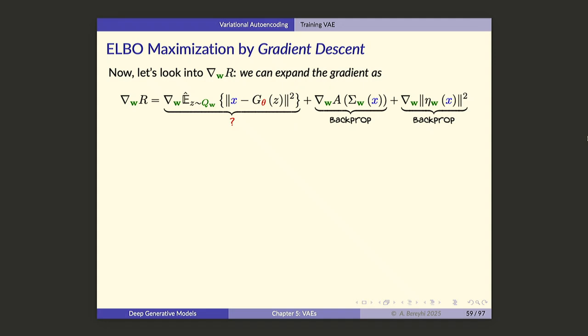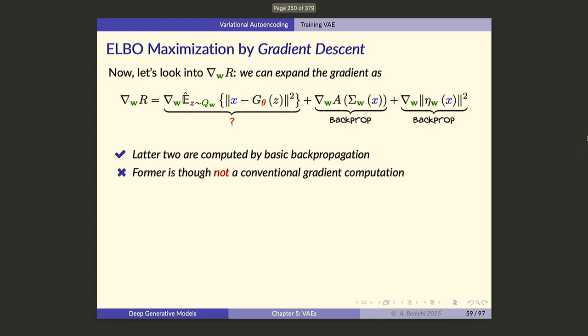It is not the argument. So you cannot easily do that, and this is the key challenge here. This is the key difference to classical backpropagation. The two last terms you can simply compute by classical backpropagation, but this one is not a conventional gradient computation like we had before.